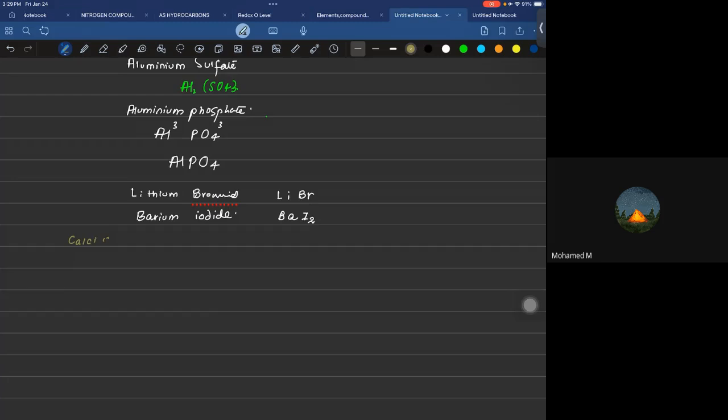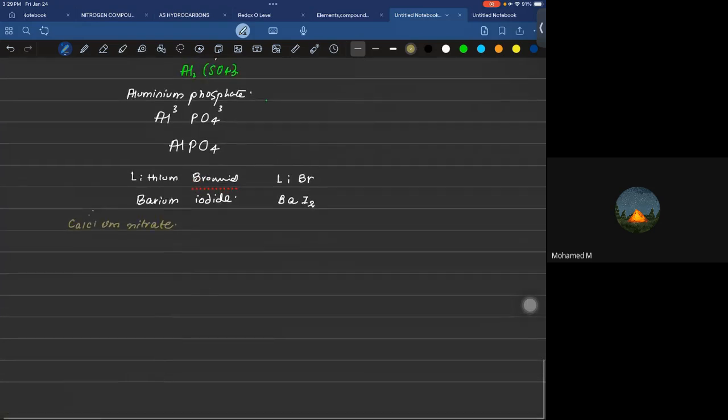Calcium is in group 2, has valency of 2, and nitrate is NO3. Exactly. So that's why I would be writing Ca(NO3)2, nitrate taken twice, right?